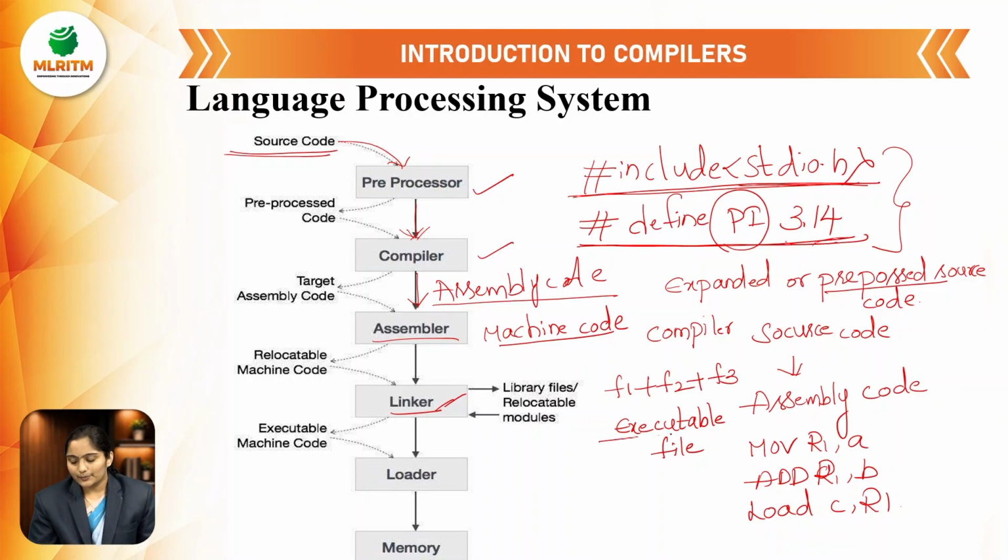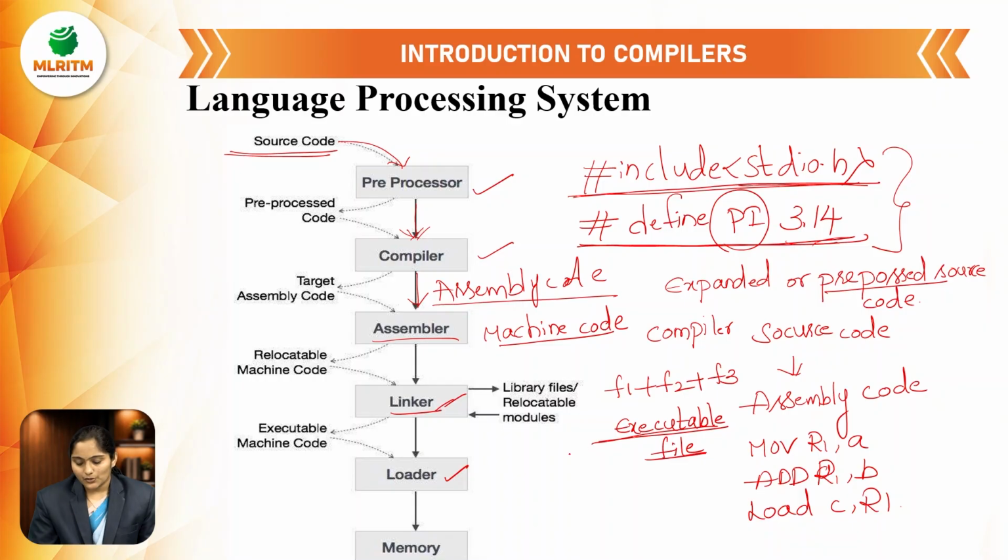Later, this executable file will be given to the loader. As we know, when we write programs, those programs are stored in the secondary storage of your device, and to execute them they have to be loaded into the main memory of your computer.